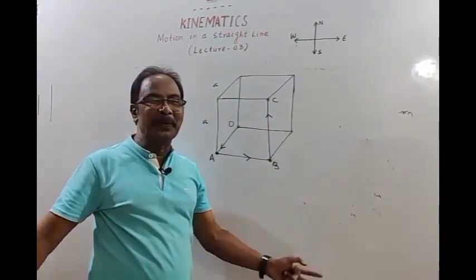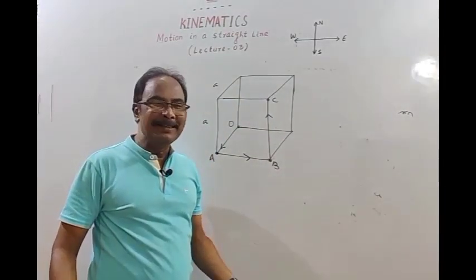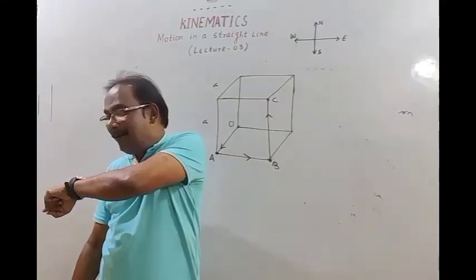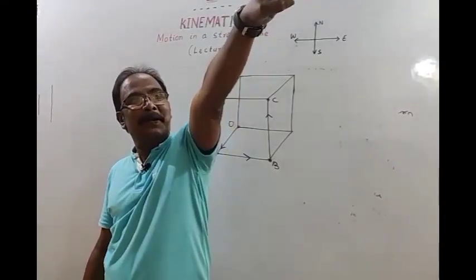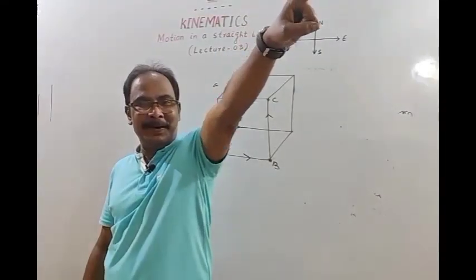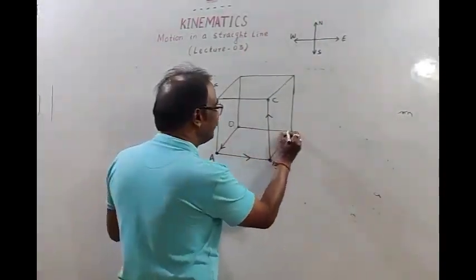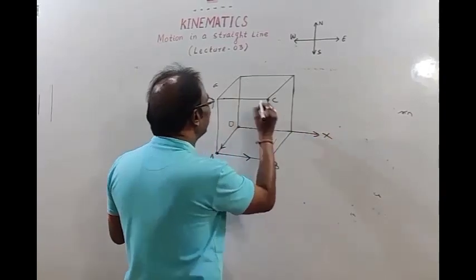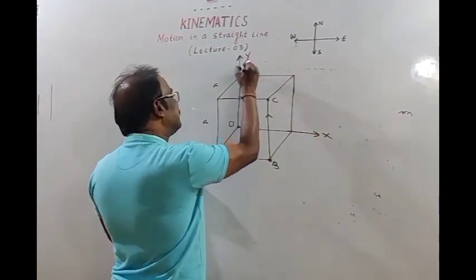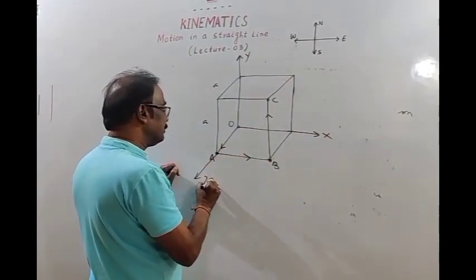Inside a cubical room, you can imagine the straight line joined from one corner to the opposite corner. This is the displacement. Let's imagine this is along the x-axis, this is along the y-axis, and this is along the z-axis.